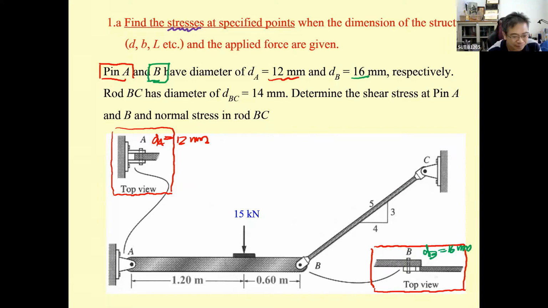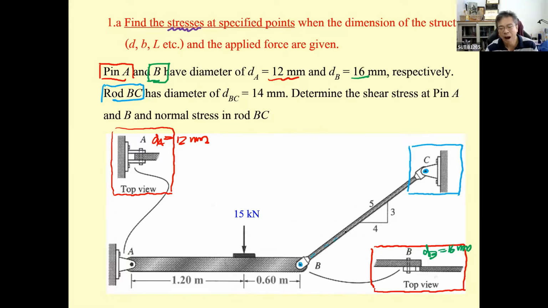Then we come to the rod. We have the rod BC. The rod BC has a pin at B and a pin at C. There is no detail about the connection at C, so you can neglect it. That means they didn't care about this.